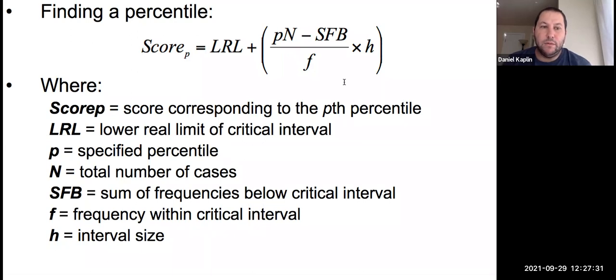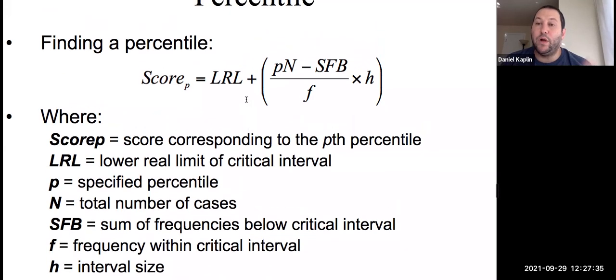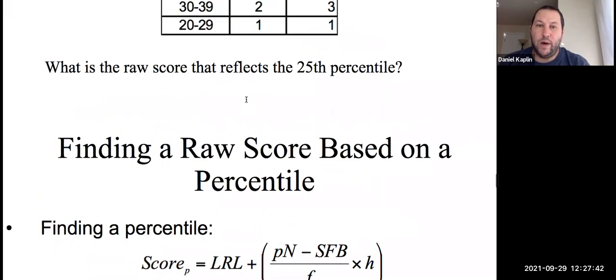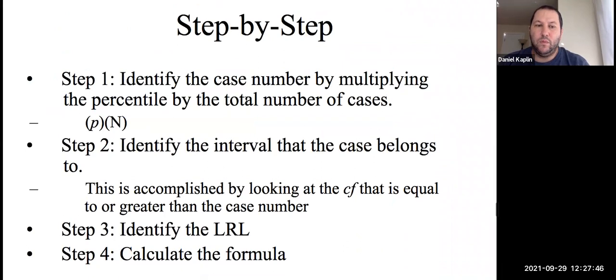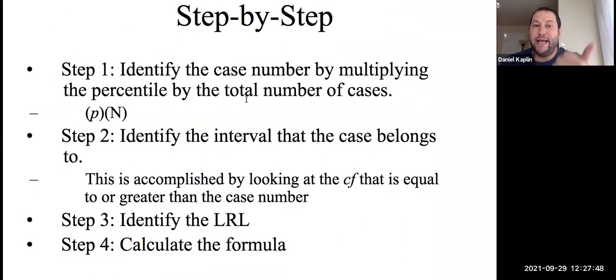All right, so again, here we are back on the slideshow. I went over the formula, I went over the case, and again, we wanted to know what the 25th percentile would be. So step by step, we identify the case number by calculating P times N. Then we identify which case or class interval it belongs to.